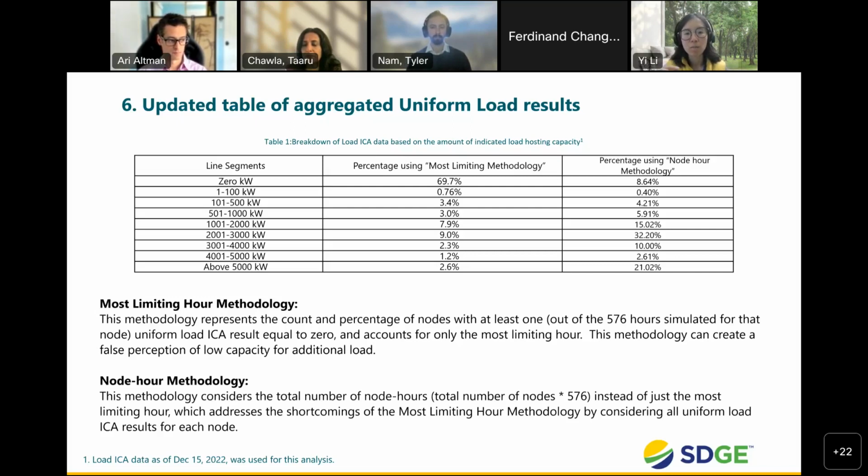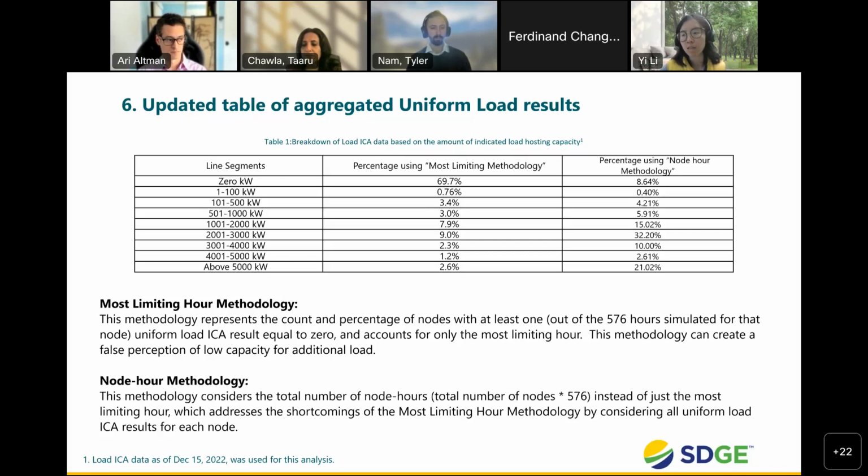And the two distinctions we're showing on the screen are simply how we are presenting the data, if you will. It's not the actual load ICA methodology. So that's why I was unable to answer your question when you asked me, is this the methodology we use for planning, right? Because this is just a methodology of how to demonstrate the data, because that's what we're showing here.